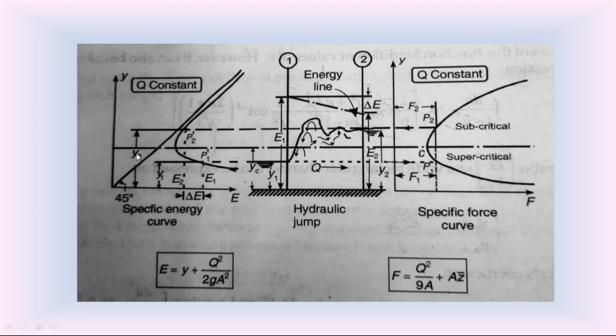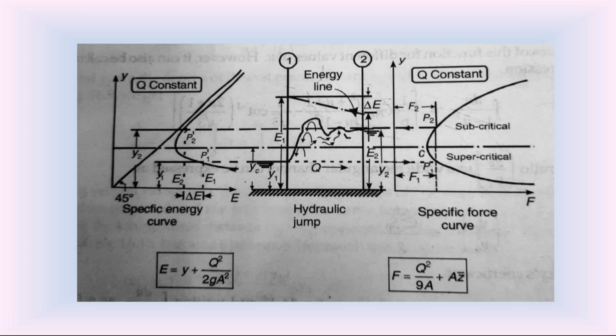Now coming to this specific energy curve, in unit 1 I explained this specific energy curve. The specific energy E is equal to y plus v square by 2g. Otherwise, E is equal to y plus q square by 2g A square.